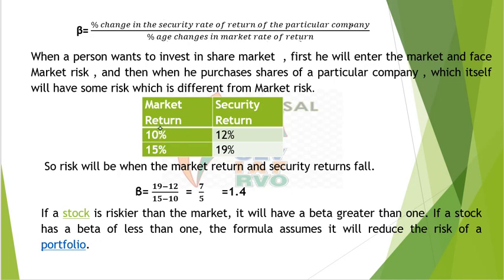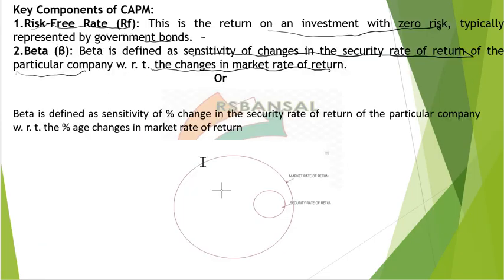So first thing you must know is these two terms: security rate of return of a particular company and market rate of return. Whenever you enter the share market, you purchase the share of a company. First you enter a market, so the market will have its market rate of return.